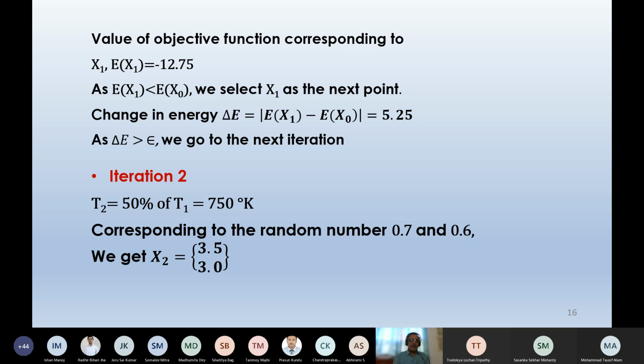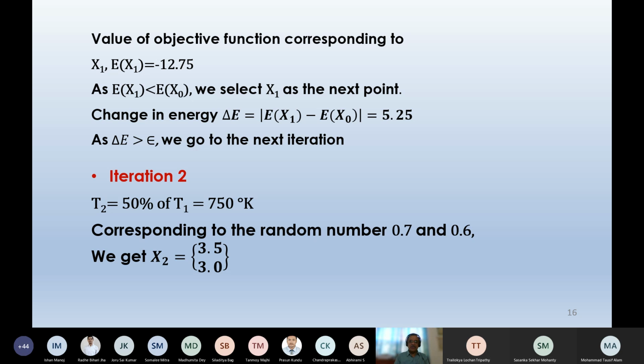Okay. And we try to find out what is the change in energy. The change in energy is denoted by delta E. And this particular delta E is greater than epsilon. Epsilon is a small value. So the algorithm has not reached the optimal solution.